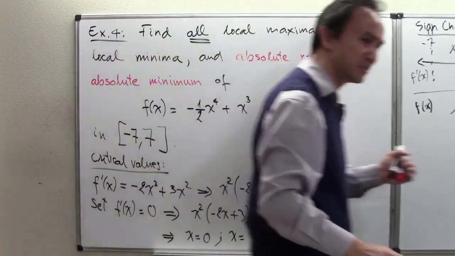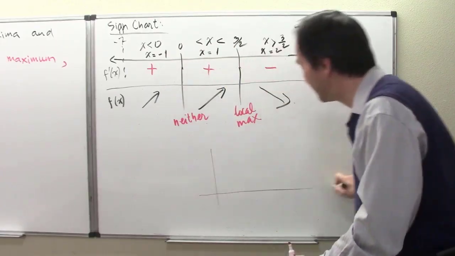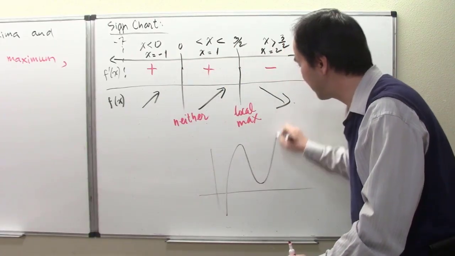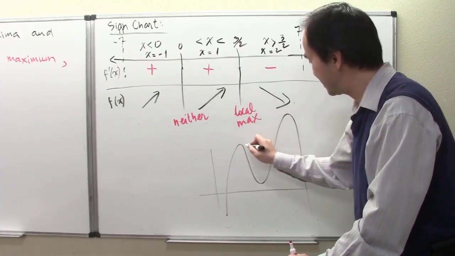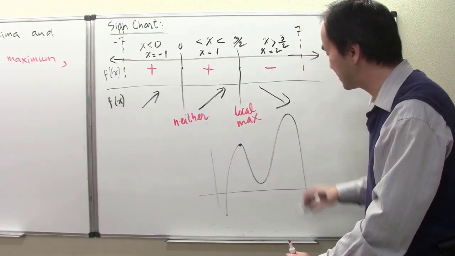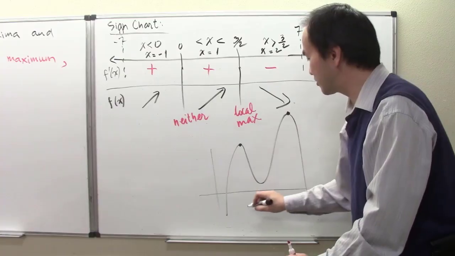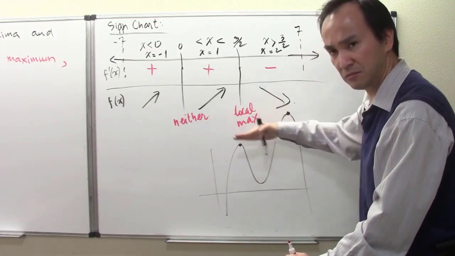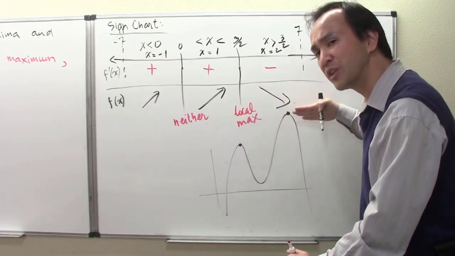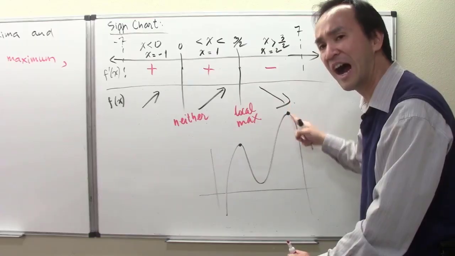The idea now is that when you have a function that a lot of the time swings up and down, right, local maximum and local minimum, we can have multiple. For example, this guy here is a local maximum. That guy here is also a local maximum. Okay? So think about it. Absolute maximum just means, among all maximums we can find, who's the absolutely highest?